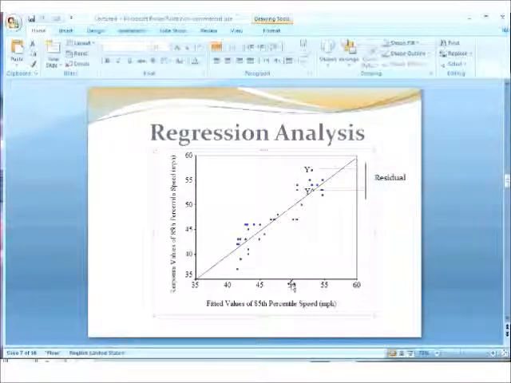For example, when we have the speed limit as 50, the difference between the observed value and the estimated value for that speed limit should be minimum. The smaller the difference is, the stronger the model is. The larger the residuals or errors are, the weaker and less reliable the model is.